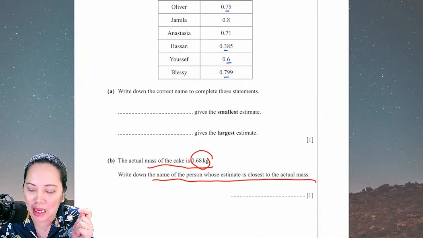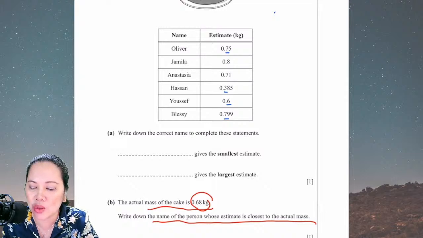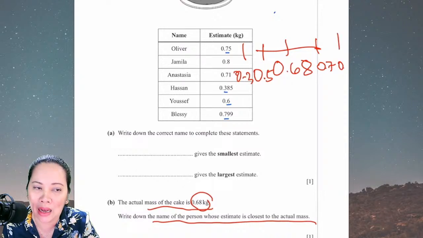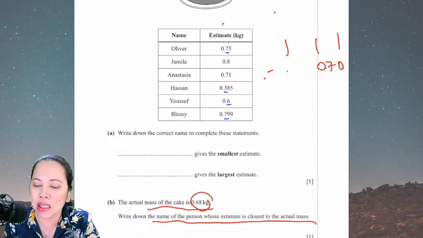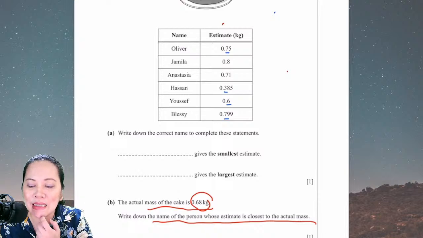So who estimated it closest to 0.68? So with your number line, after 0.68 will be 0.5 here, 0.3 here, 0.68 will be 0.7, and then 0.8 after. So who estimated it closest to the accurate mass of 0.68?